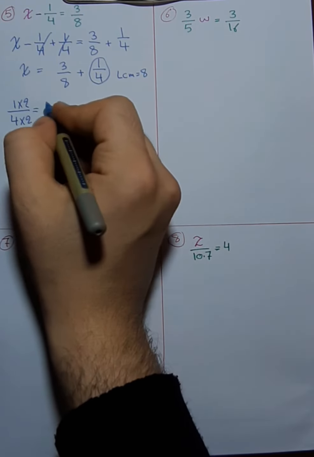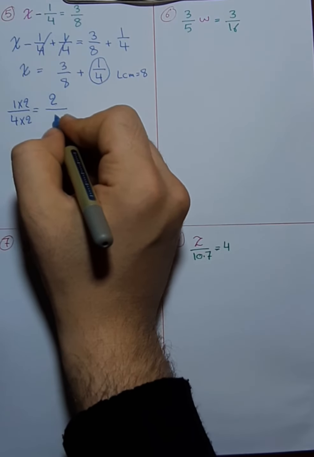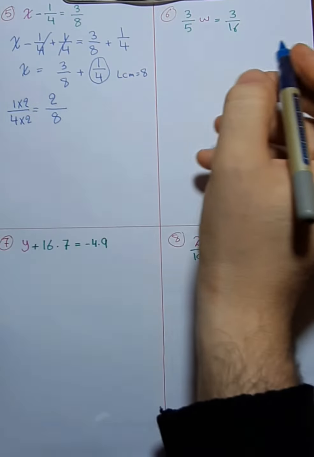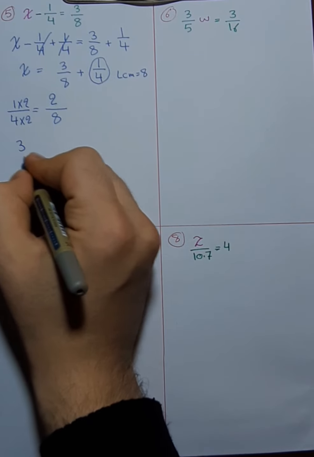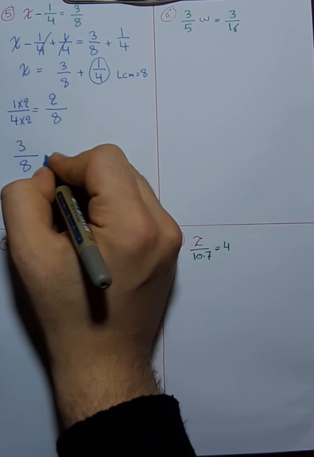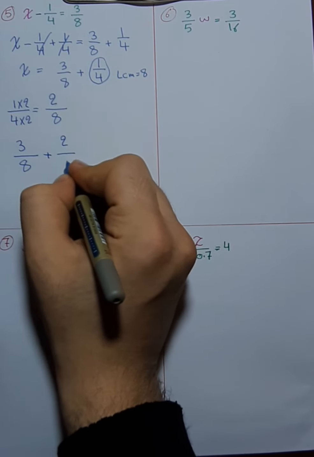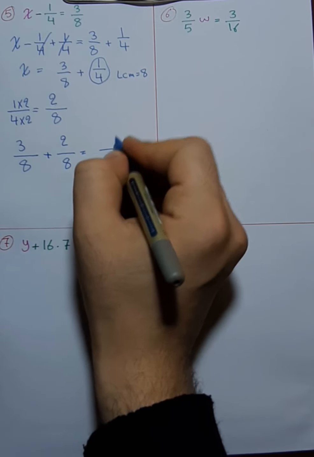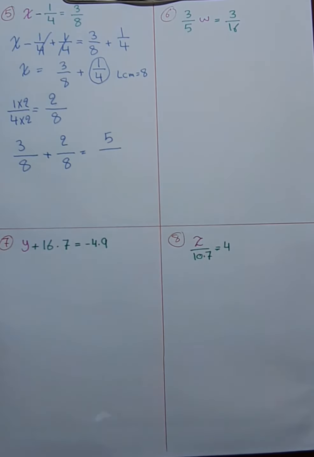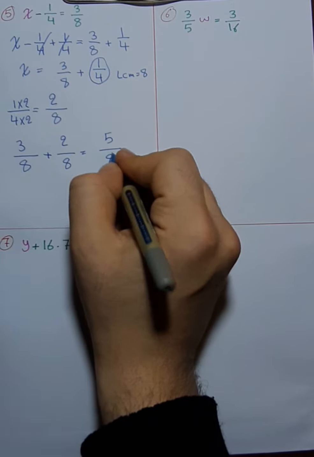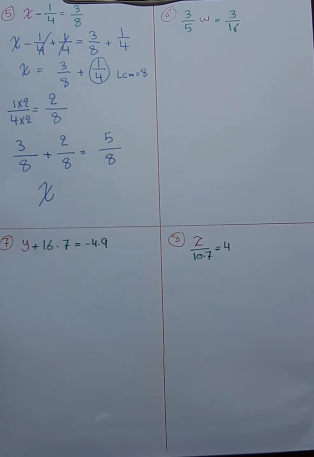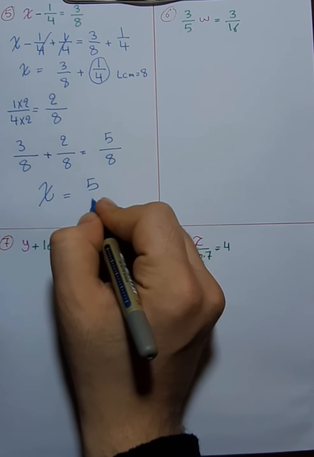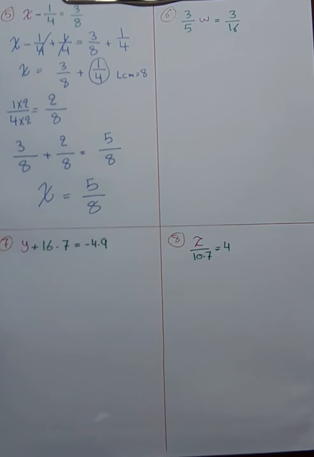Numerator and denominator: 1 times 2 equal to 2, 4 times 2 equal to 8. Now we can add these two fractions, 3 out of 8 plus 2 out of 8 equal to 5 out of 8. So the value of x should be 5 out of 8.